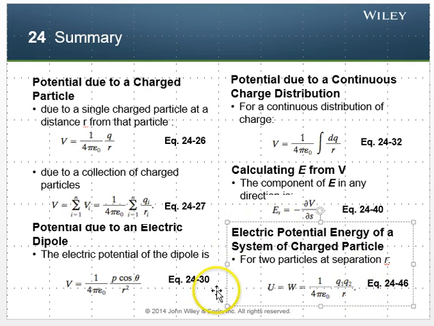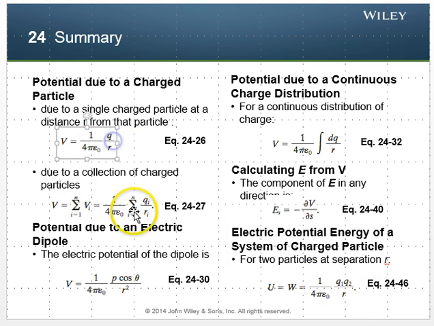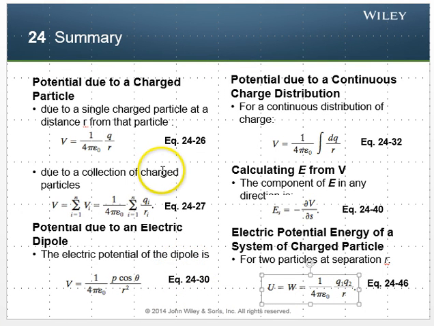And the potential energy of a system of charges. All right. Just like here, if we have more than 2, we just add everything up, right? Q13, Q14, Q15, we just add from each one to get the total potential energy. Okay. I believe that's the end of this set.